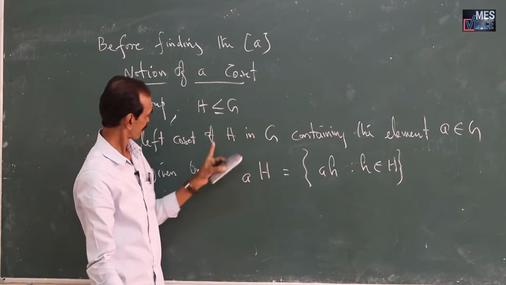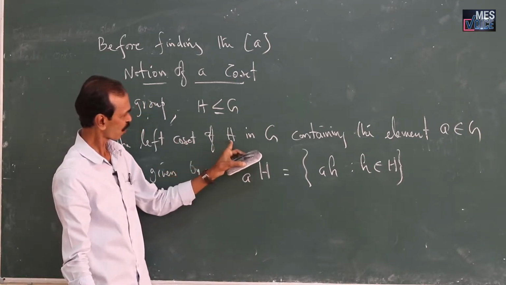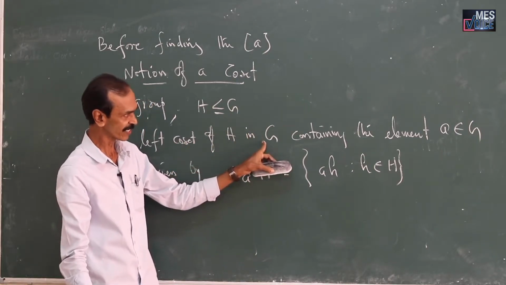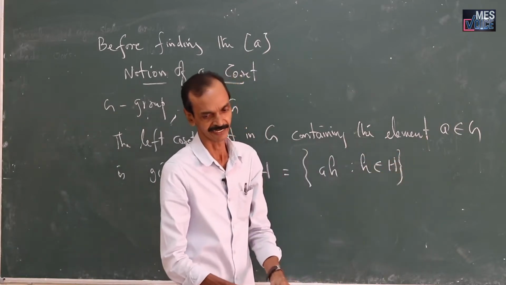This is a left coset of H in G containing the element A.